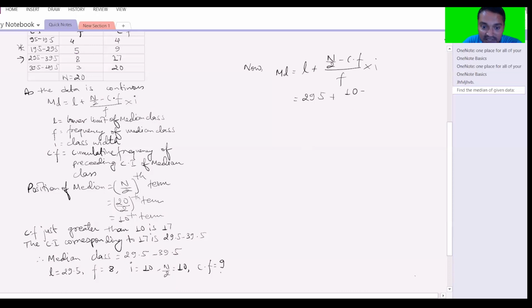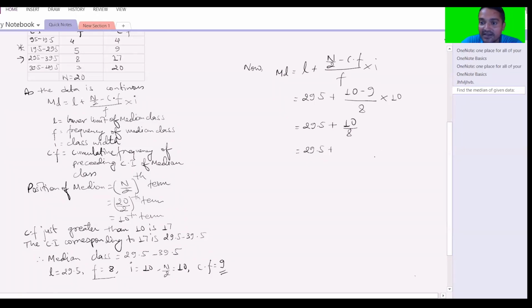CF is 9, over frequency, which is 8, into I, which is 10. Now equals 29.5 plus, 10 minus 9 is 1, 1 into 10 is 10, over 8.